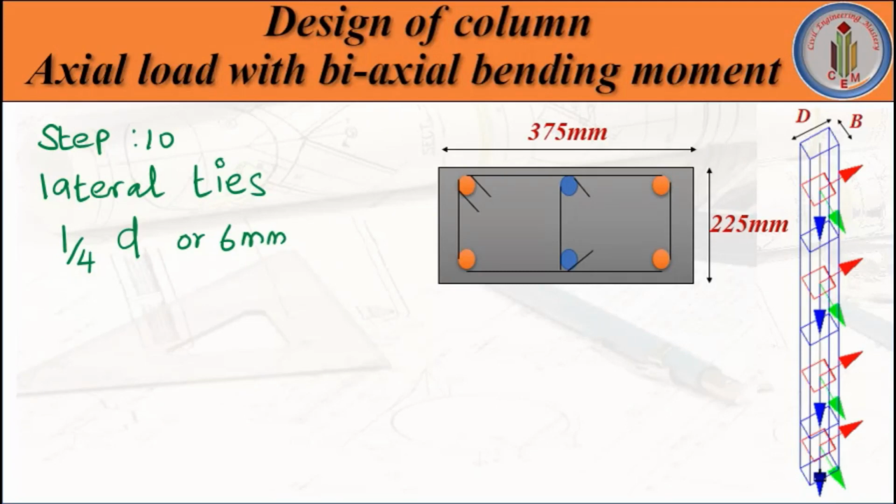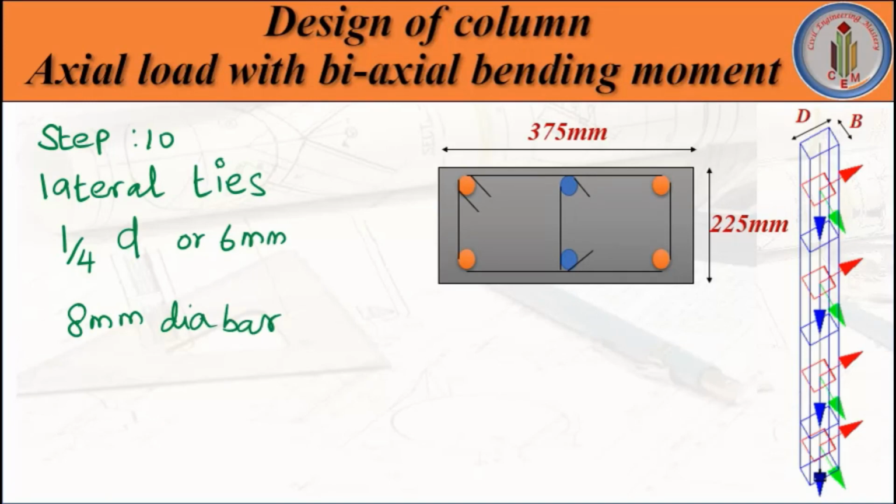So here we can calculate 1/4 of the largest diameter, which is 16 mm, 16 by 4 is 4 mm. So it should not be less than 6 mm, right? And at present we are not at all using 6 mm bars, so we have to consider 8 mm bar. So for ties we are using 8 mm dia bar.